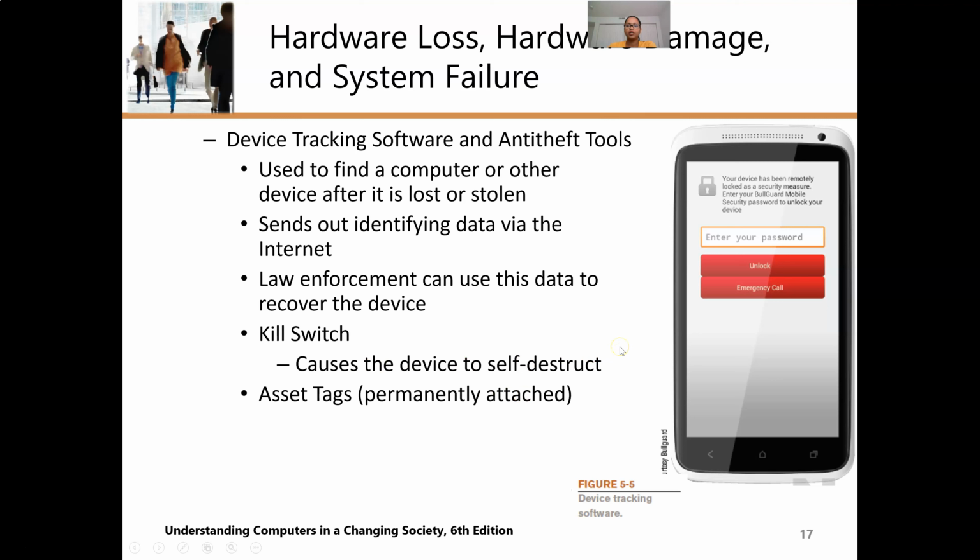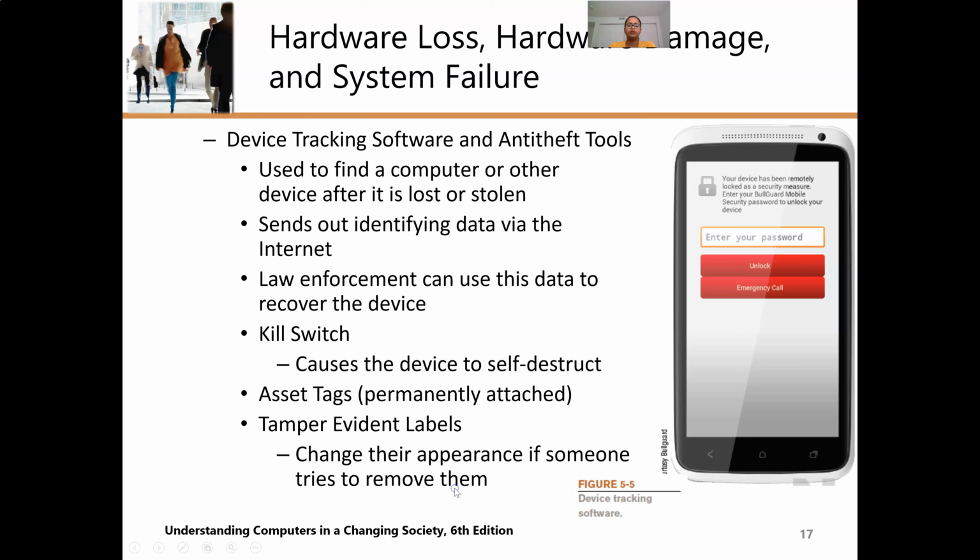So if you have super high confidential data in your mobile phone, which you don't want anybody else to see, there is something called a kill switch, which causes the mobile phone to erase all your data and self-destruct if you want it. There are also tamper-evident labels, which change their appearance if someone tries to remove them.